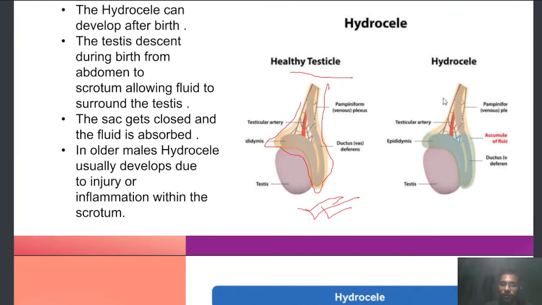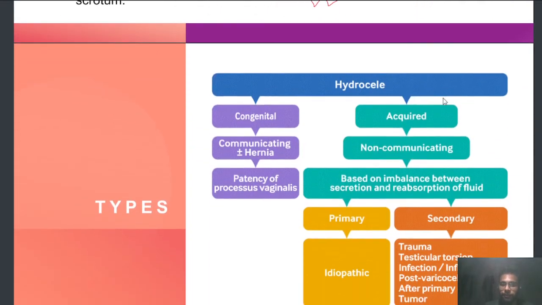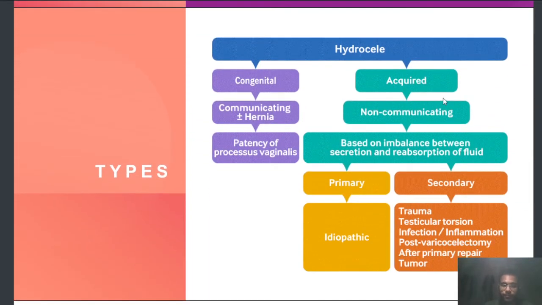Now, moving on to the last part of the lecture. So these are the types. Hydrocele is of many types. Okay, and you can find various textbooks on this, on which type of classification is easier to learn, depending on which textbook you like to follow and the textbook that your professors prefer.